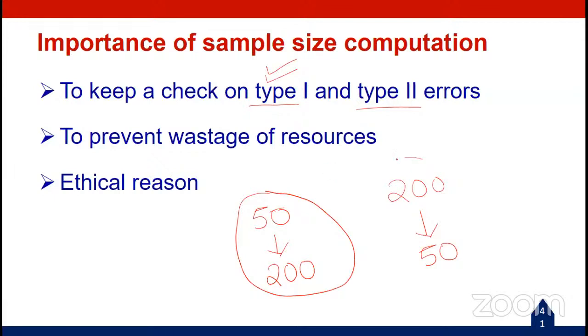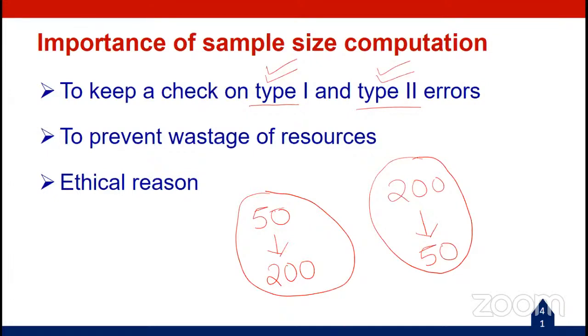In situation 2, you select too few than required. So you may end up accepting the null hypothesis even though there is a difference. In this case, you are more likely to commit type 2 error.